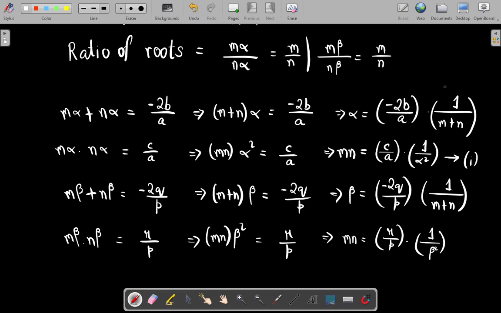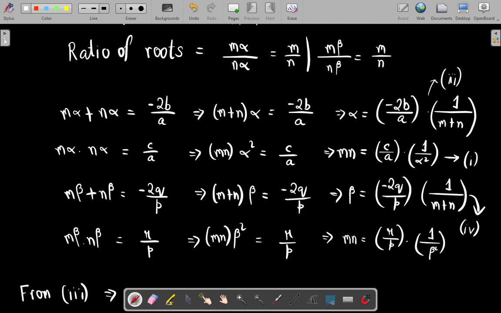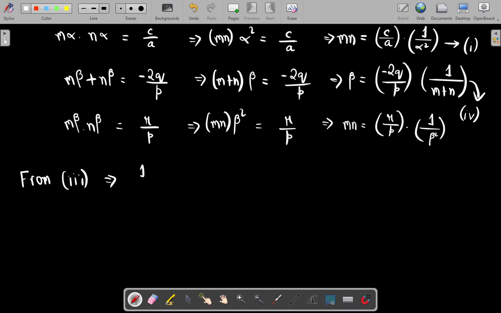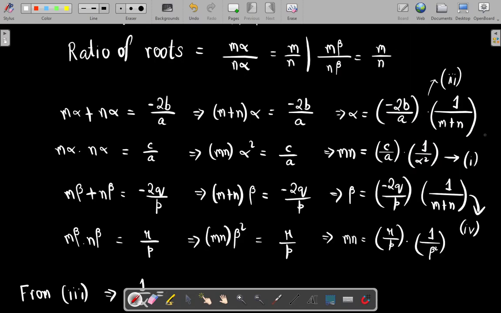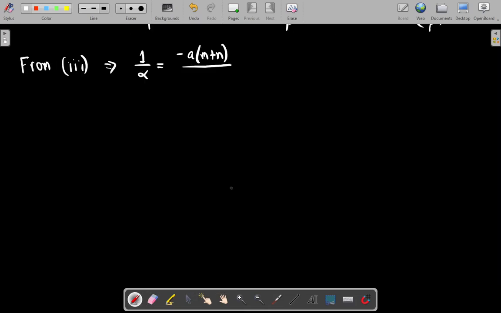Let me call these equations 3 and 4. From equation 3, the value of α is this, so 1 upon α will be the reciprocal, which is minus a times (m + n) upon 2b.